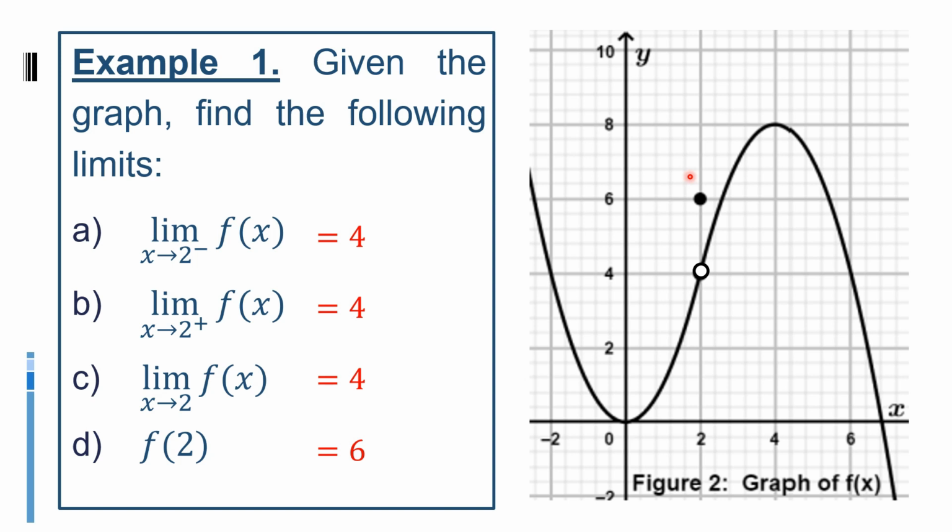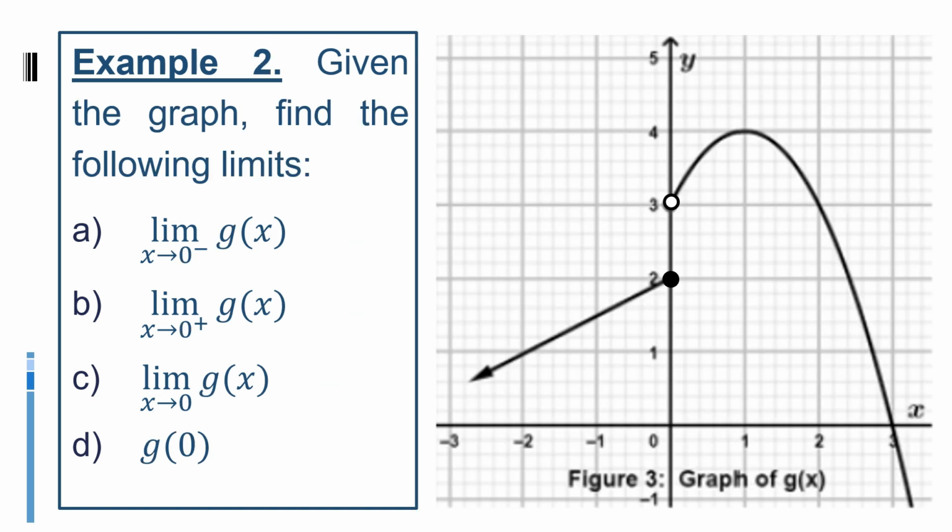Basang importante doon, nakikita natin anong number yung ina-approach nung function natin as x approaches yung a natin. So, not necessarily na yung f of 2 yun yung limit. But there are cases that f of a is also the limit as x approaches a of f of x.